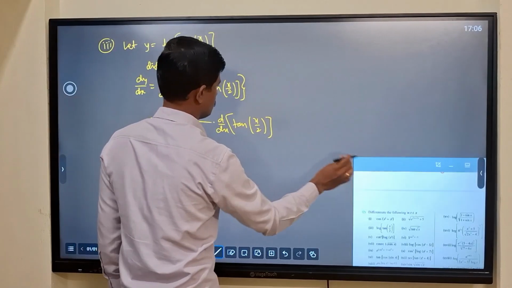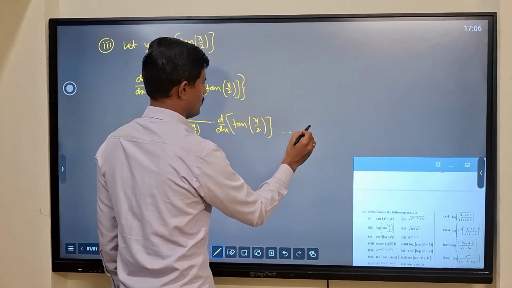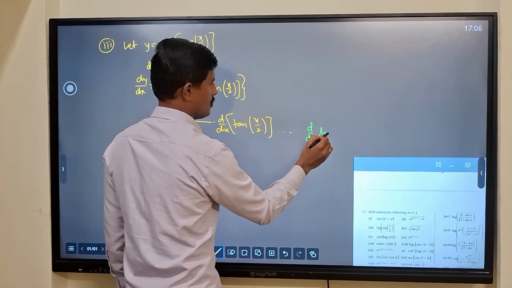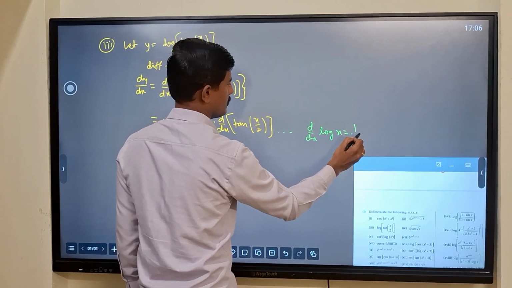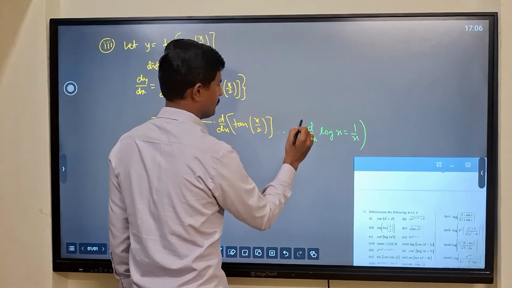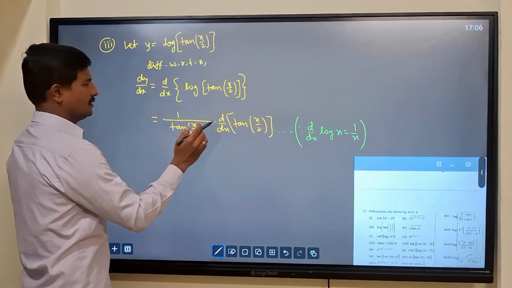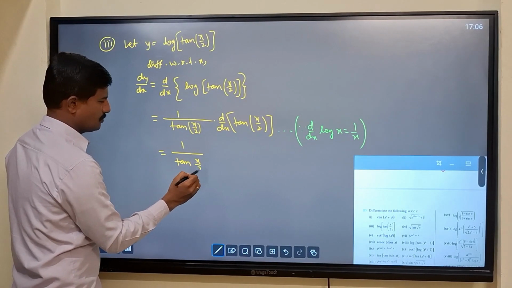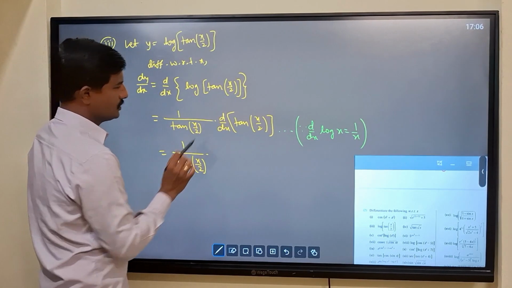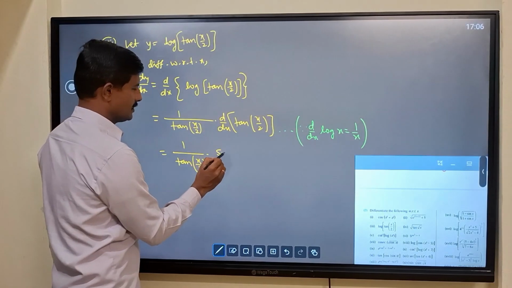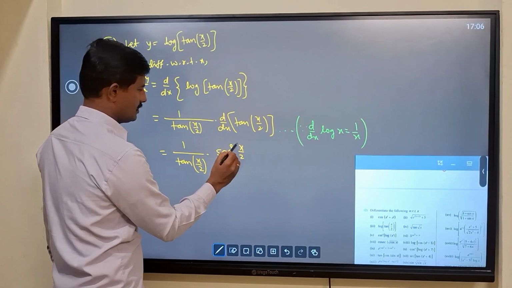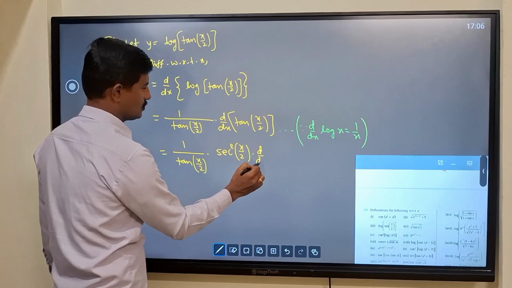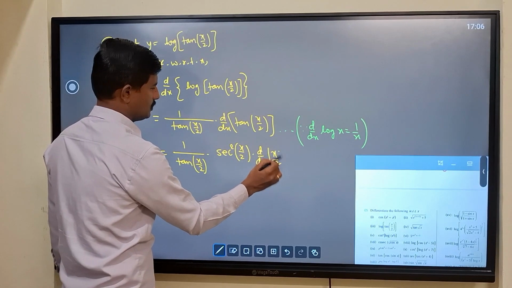Why is this? Because d dx of log x is 1 upon x. Now 1 upon tan x by 2, differentiation of tan x is sec square x by 2, into differentiation of x by 2.